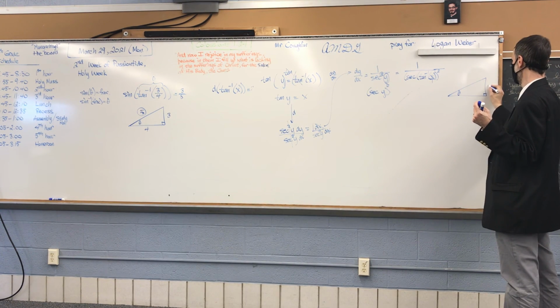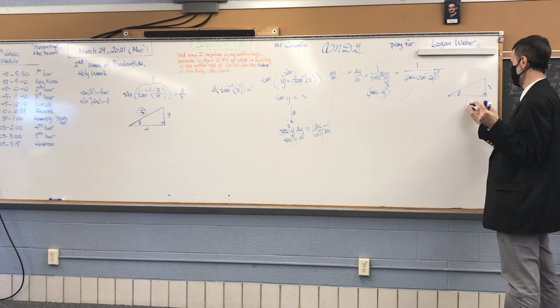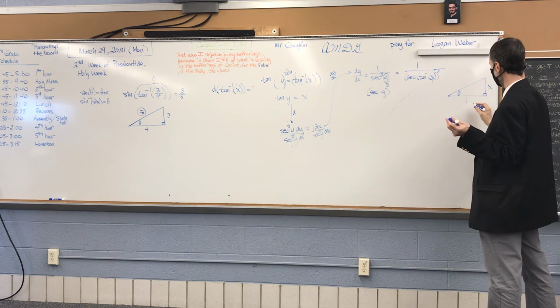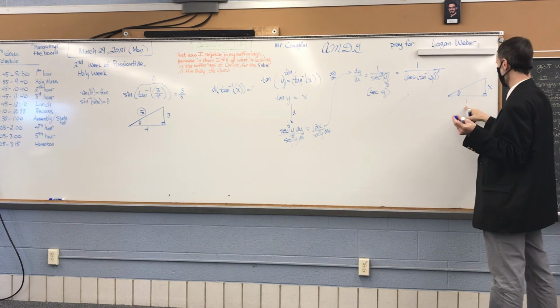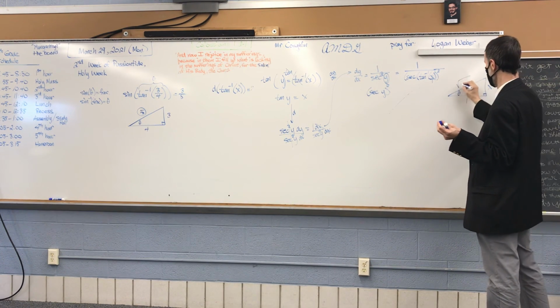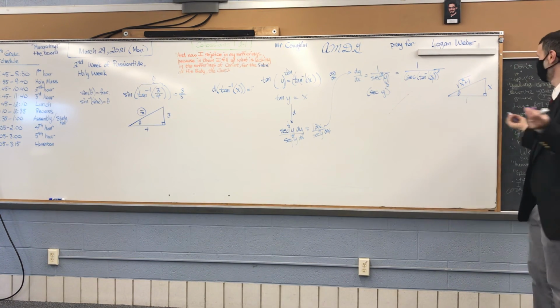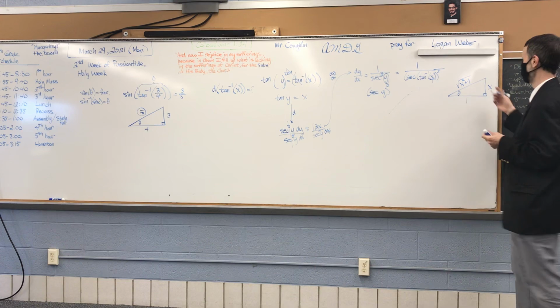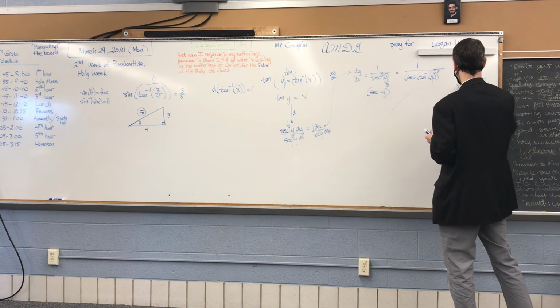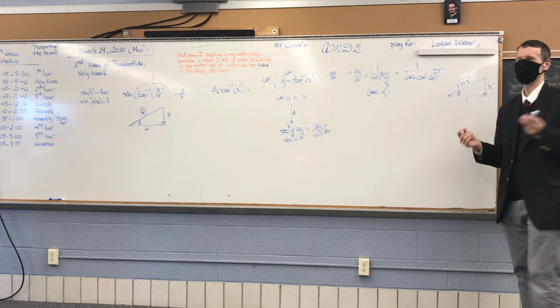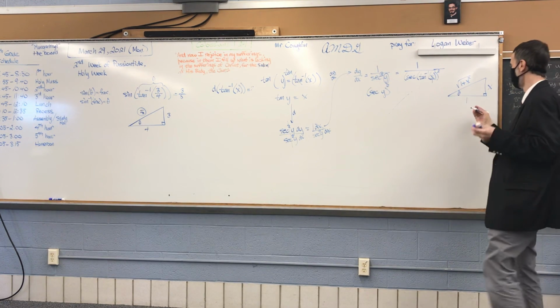So this is x, and this is 1. What's this? Pythagorean theorem. It's the radical of 1 plus x squared, or x squared plus 1, whichever you like. I'll do 1 plus x squared. That looks worse, but I don't care. It fits a squared plus b squared a little better.